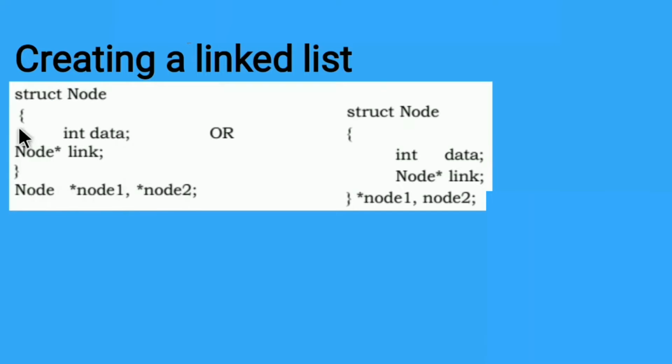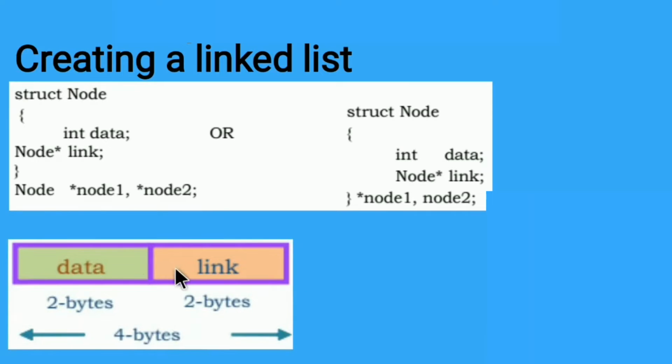You can write either this way or you can write struct node, curly open brace, int data, node asterisk link, curly closing brace, asterisk node1, comma node2 and so on. Then put a semicolon. Once we define a structure, we can create any number of objects of this particular type.